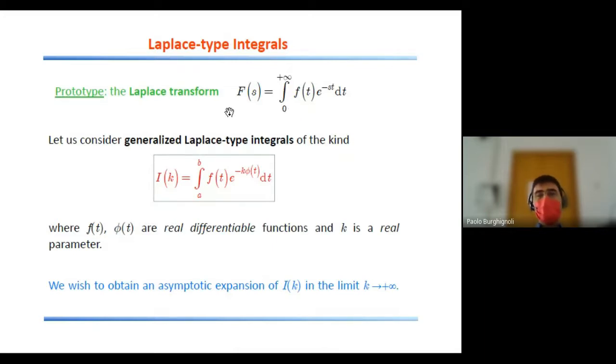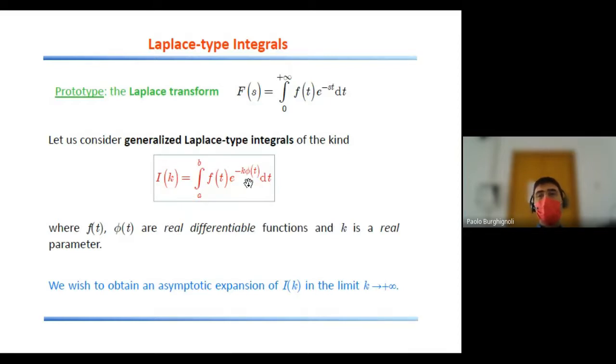We will actually consider a generalized form of this kind of integral. The generalization consists in the fact that the integration limits can be arbitrary real numbers, a and b, so not necessarily 0 and infinity. And furthermore, in the exponent of the exponential function, we will allow a general function of the integration variable t.